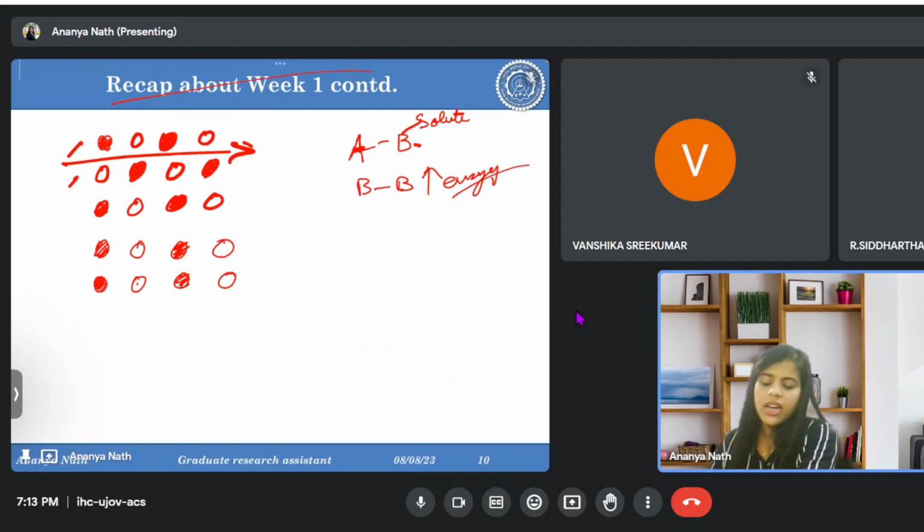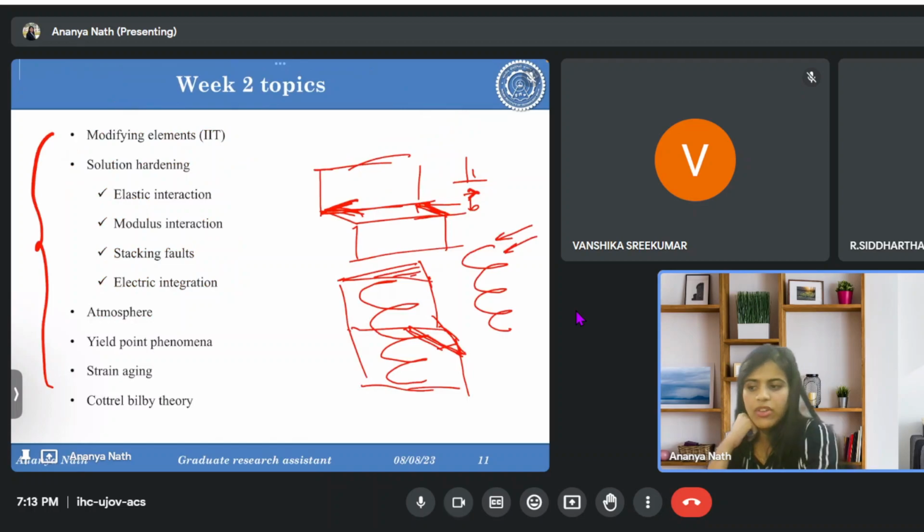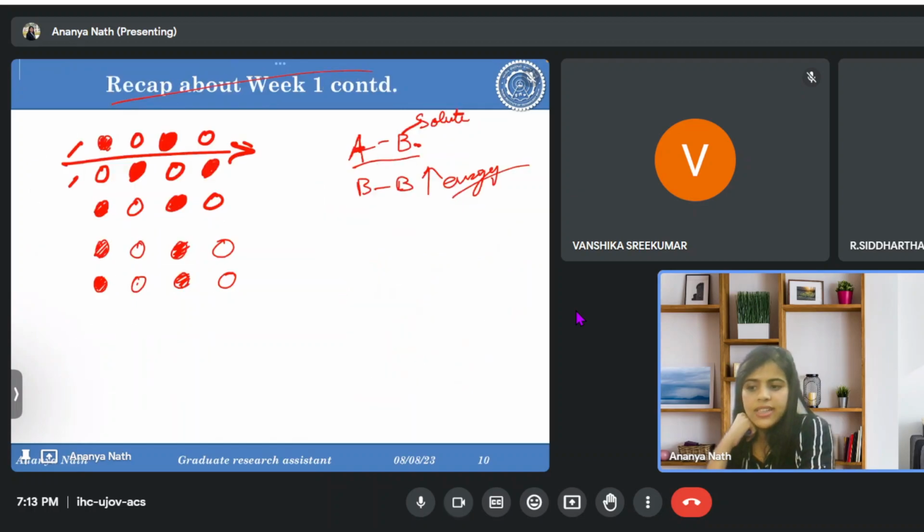If the dislocation in its moving path faces this type of situation or environment, it will feel some barrier, but the barrier will be lesser than in this case. In this case, the energy will be more. So this is how in this case the dislocation has moved. But in this case it will again find it difficult to move because similar type of atoms are facing each other. Also there will be a repulsion force acting.